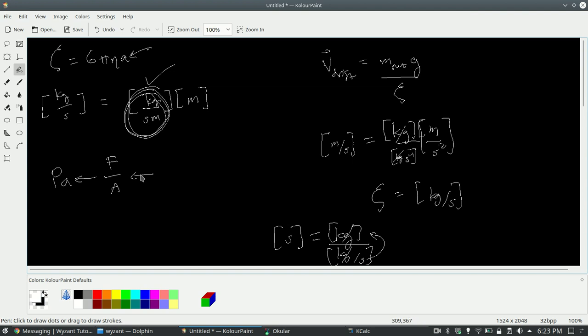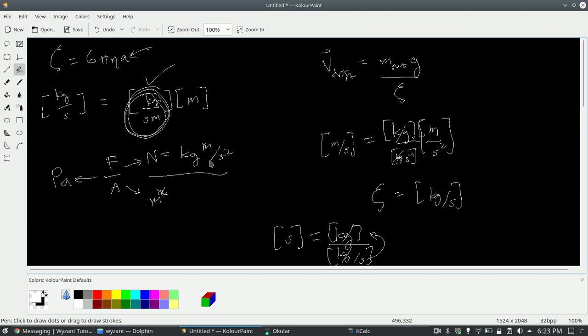Now, area is meters squared, and force is newtons. But 1 newton is really the acceleration of 1 kilogram by 1 meter per second squared. Force equals mass times acceleration, yeah? So what does this boil down to in terms of units?